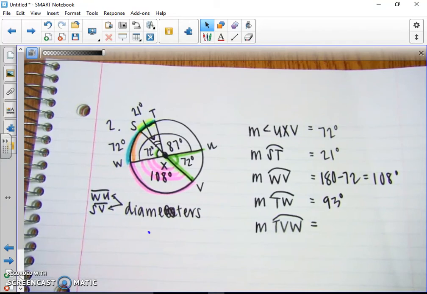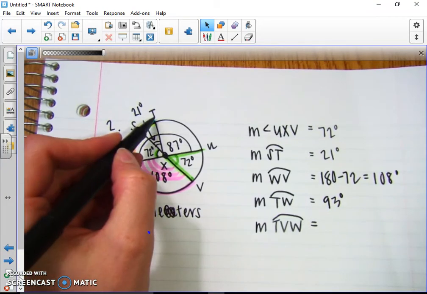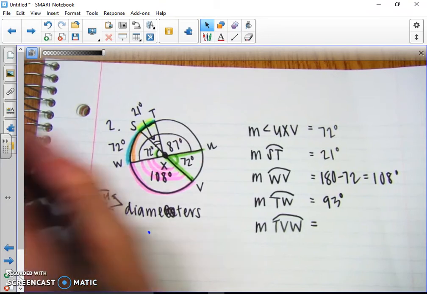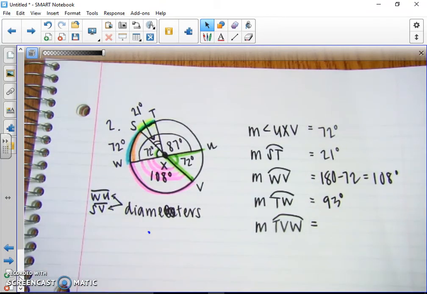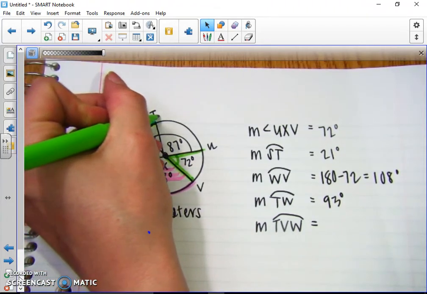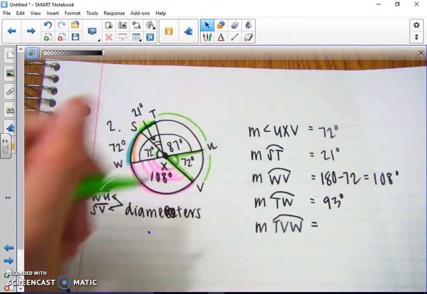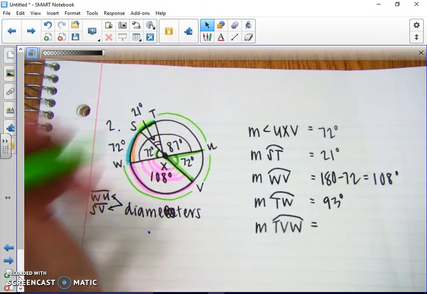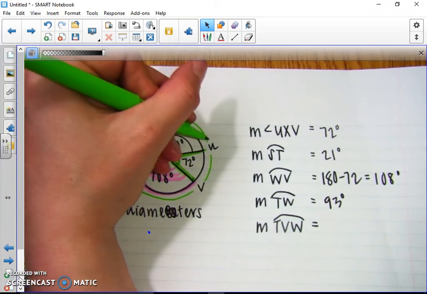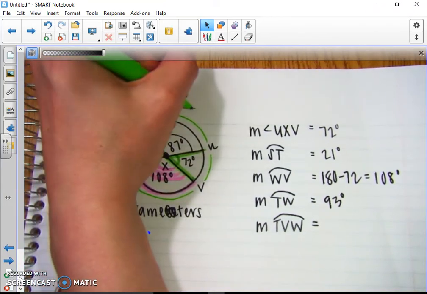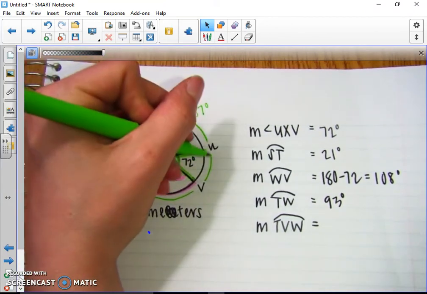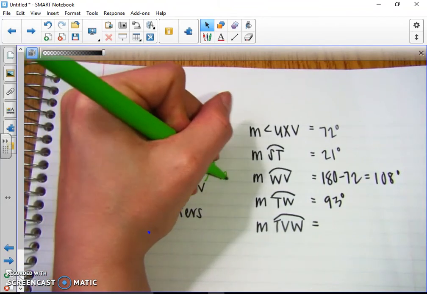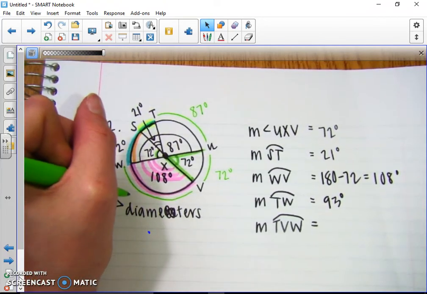And then finally, we're looking for TVW. So I'm going to draw this on the outside. T, then to V, all the way to W. Okay. So this arc measure we know is 87. This much is 72. And this much is 108.